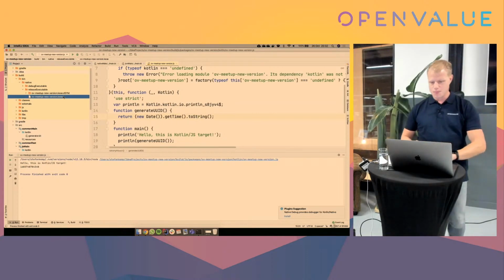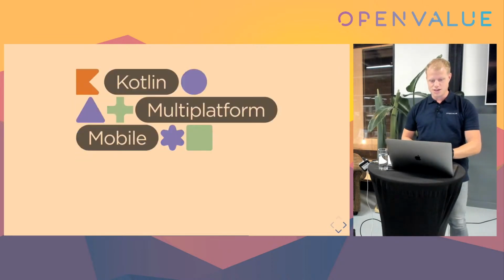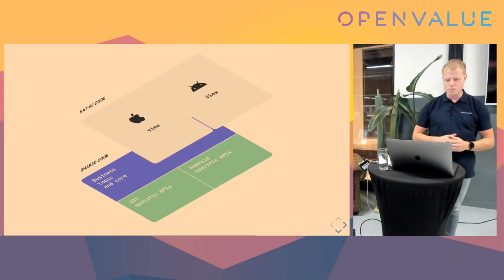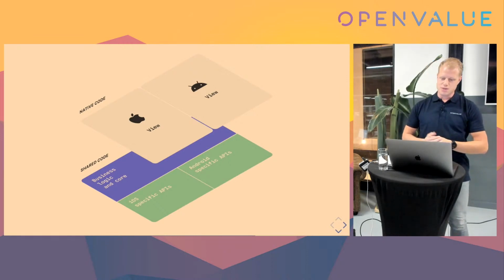Thanks. Yeah. So back to Kotlin Multiplatform Mobile. We've been learning about the basics of Kotlin Multiplatform. Let's see how that works for mobile then. For mobile, they depend on the same way of working as Kotlin Multiplatform itself. So in this diagram, on the bottom, you're seeing shared code.